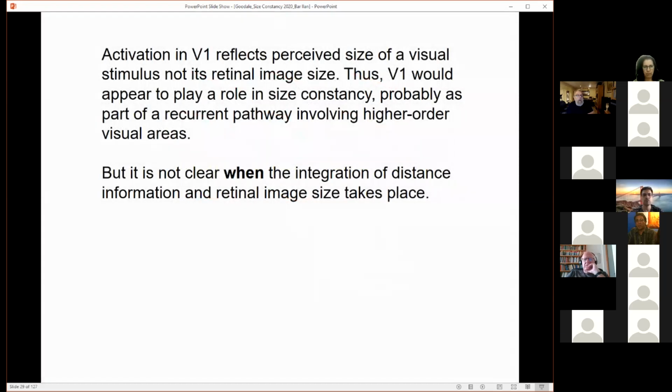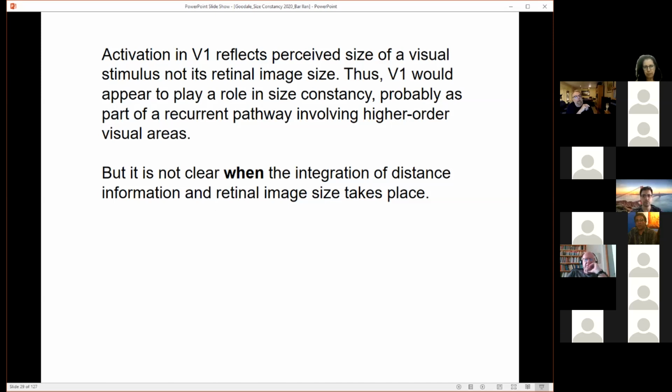So it's clear then that activation in V1 reflects the perceived size of a visual stimulus, not its retinal image size. And so V1 plays some sort of role in size constancy, probably as part of a recurrent pathway that involves higher order visual areas. But of course, it's not clear when the integration of distance information and the retinal image size takes place.